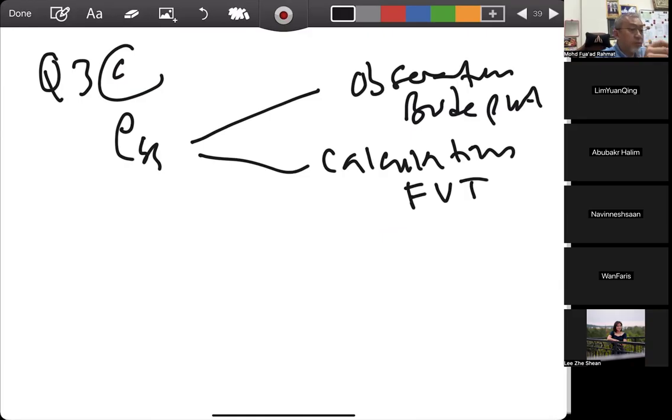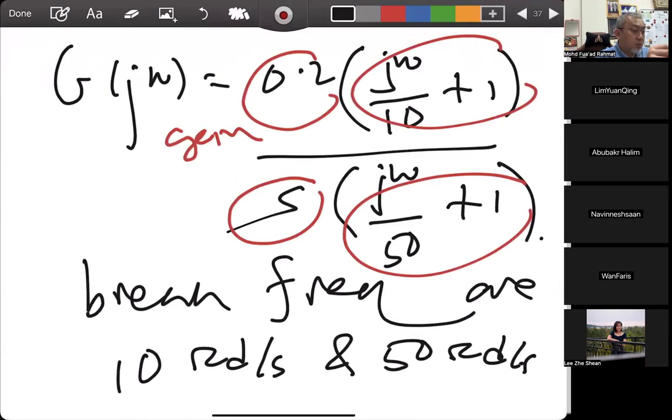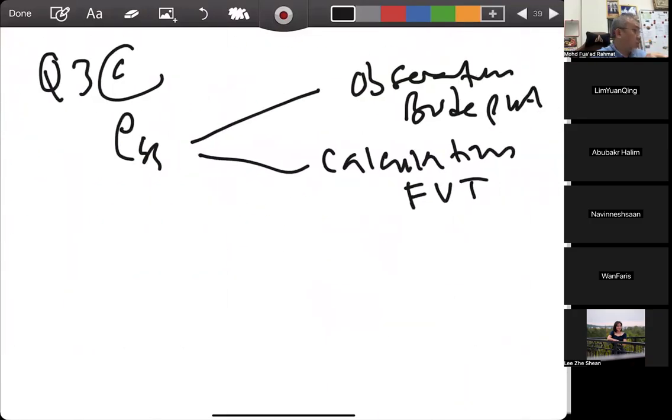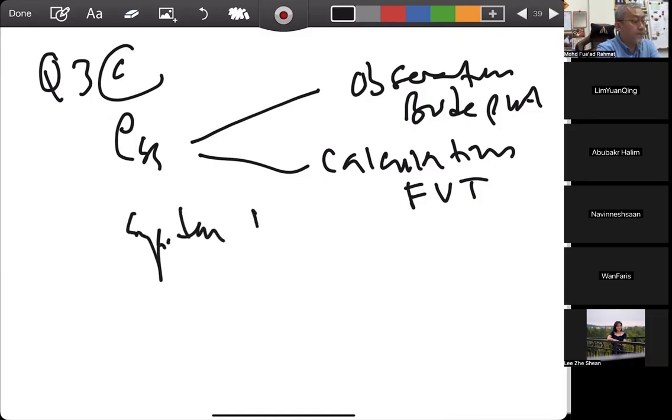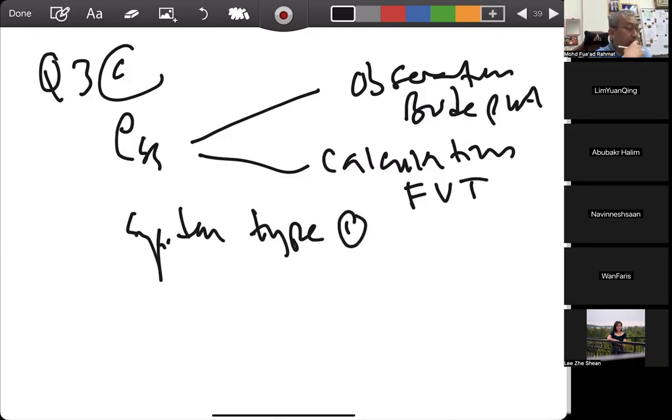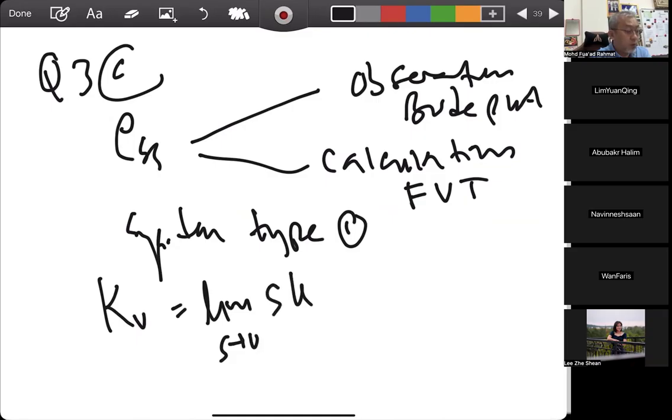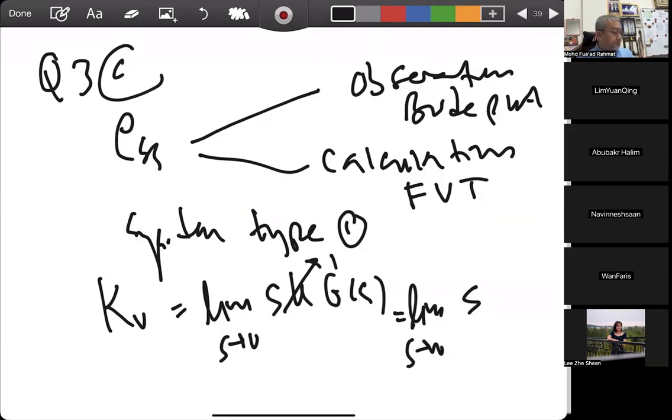So since the system is type 1, Kv, s to 0, K, but K is equal to 1.